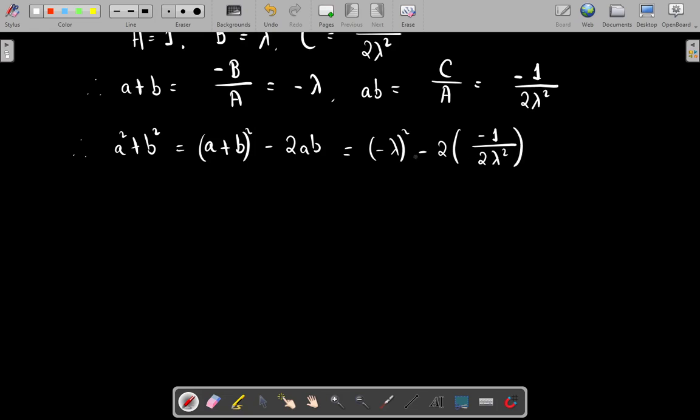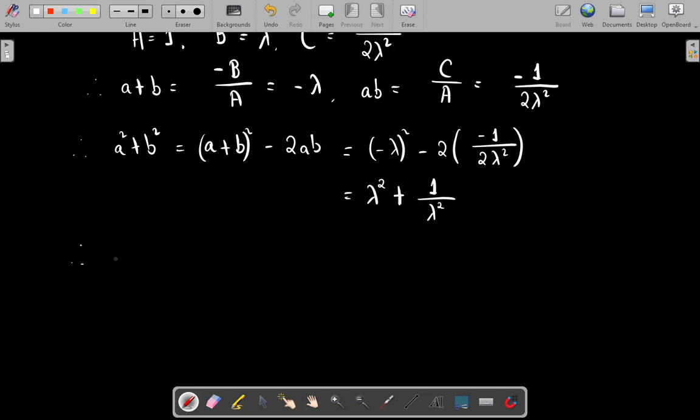We have just substituted the values of a plus b and ab in this equation. So minus lambda whole square is lambda square, and the 2 and 2 will get cancelled out, so we are left with lambda square plus 1 upon lambda square. So far so good, no issues here.